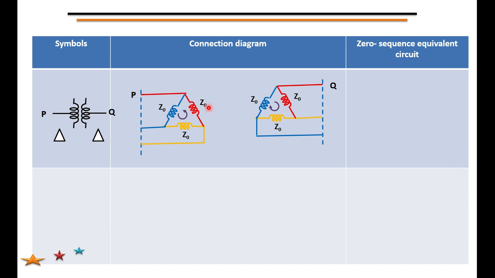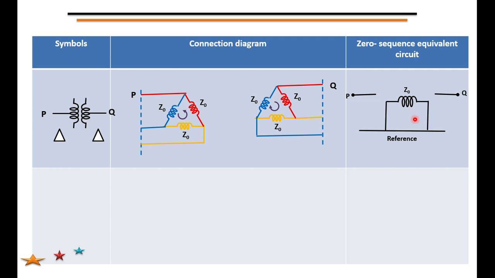Here also, in the primary as well as in the secondary, the zero sequence currents circulate inside. Therefore, in the network diagram, since there is no return path, there should be a break towards the primary as well as towards the secondary. You have to show the break.